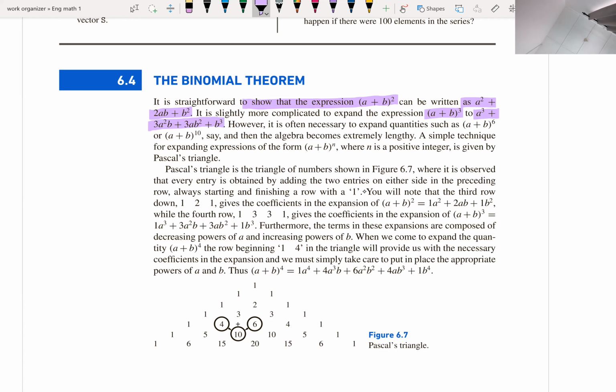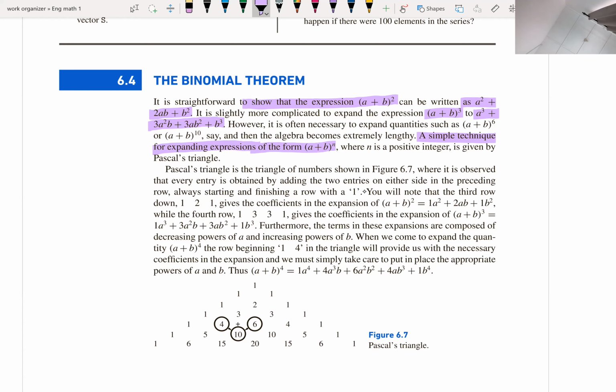How about if the power goes more than 3, let's say 10? It must be quite difficult to write one by one. So binomial theorem is quite a simple technique for expanding expressions of the form (a plus b) to the power of n, where n is a positive integer.